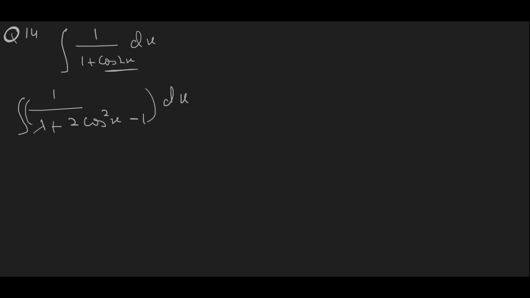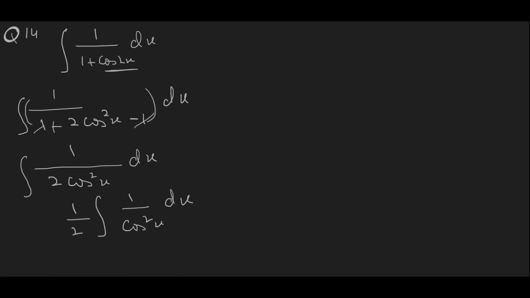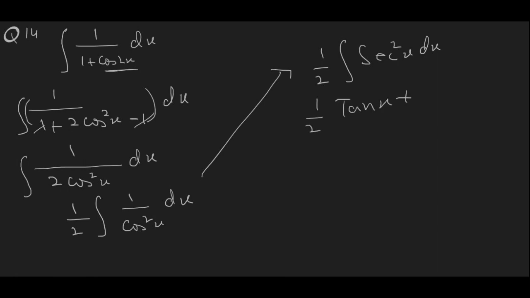Now this 1 and this minus 1 are cancelled, so 1 over 2 cos square x dx, 1 over 2 integral 1 over cos square x dx, 1 over 2 integral secant square x dx, and finally 1 over 2 tangent x plus c.